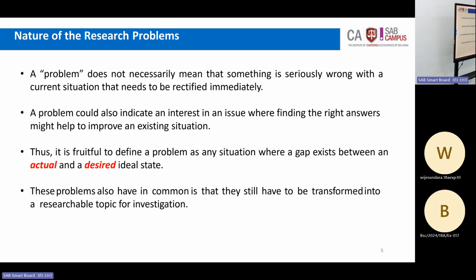Yes, your idea of a problem. Okay, trying to find the solution. Okay. What else? In what kind of scenarios do problems occur?